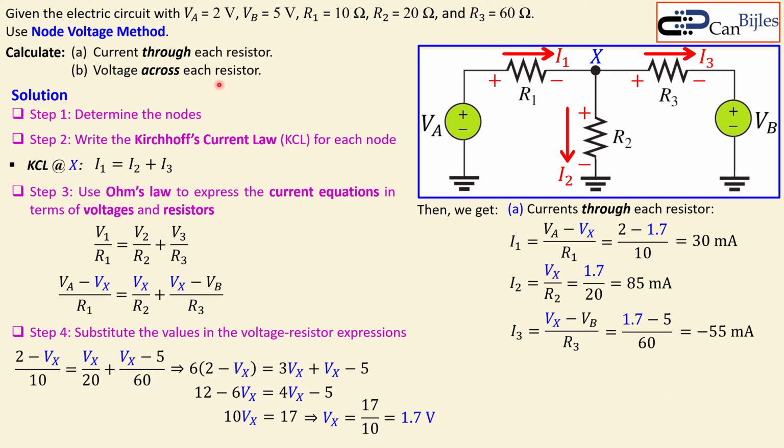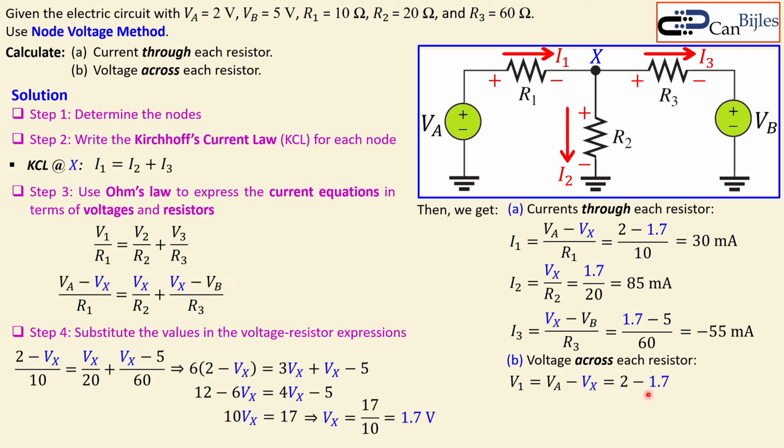Now next one is the voltage. Voltage across each resistor is actually easier because we have already used that in the current equations. Because the voltage across each resistor using Ohm's law is the current times its resistor. Or you can just look at it: this is the voltage for V1, this is the voltage for V2, this is the voltage for V3.